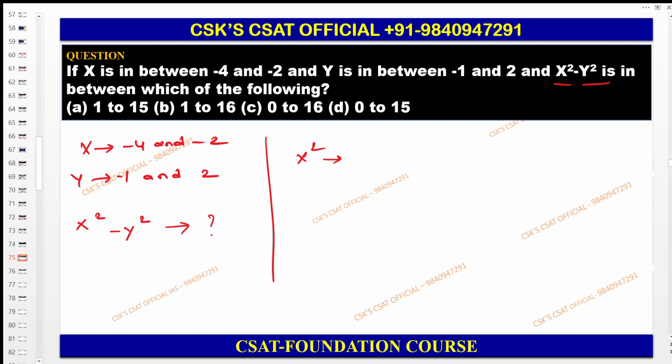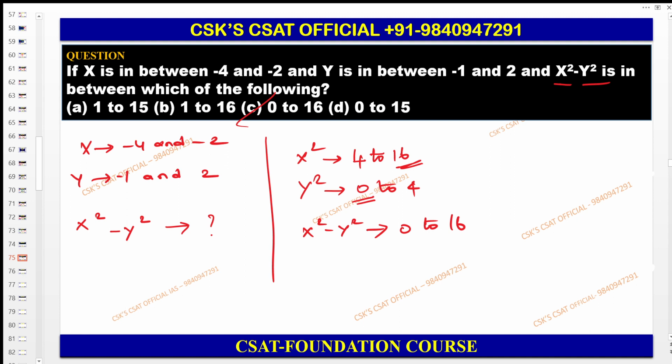X square is 4 to 16. Now y square you can say 0 to 4. Now the value of x square minus y square, what is the least among these ones? 0. What is the highest term? 16. So therefore 0 to 16. The answer is C.